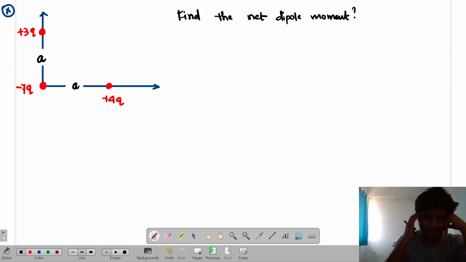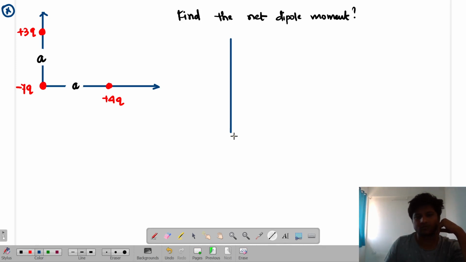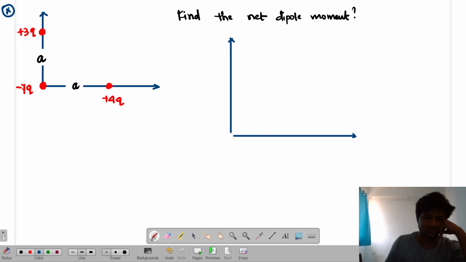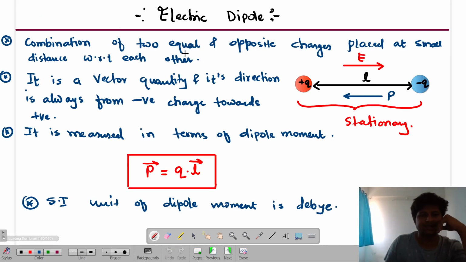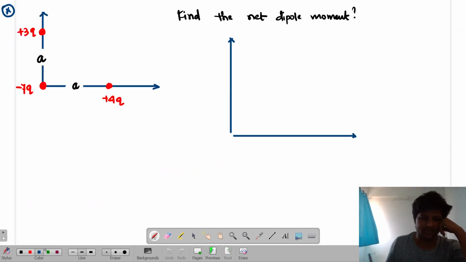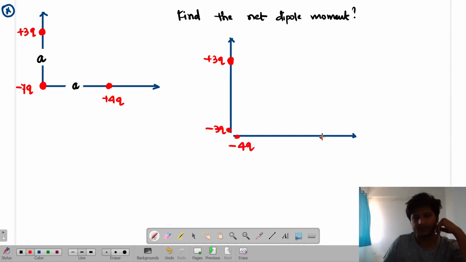So there is a process of doing these questions. Okay Srishti, look over here. You need to see the condition that there should be equal and opposite charges, isn't it? So if it is plus 3q here, in the opposite direction I can separate this minus 7q into two terms, minus 3q and minus 4q, isn't it?